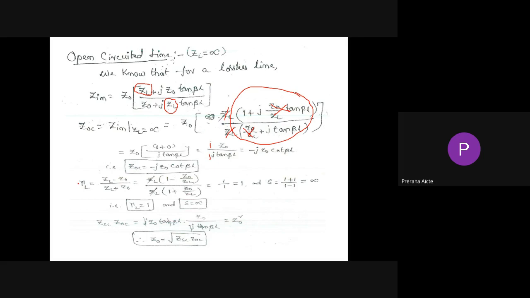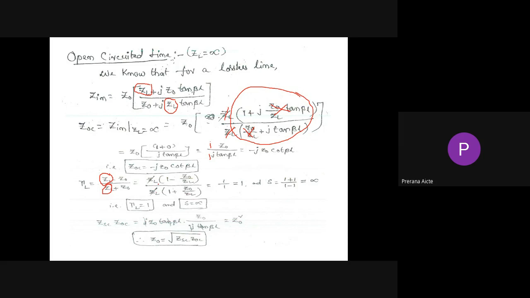So here also, first I recall the definition of the reflection coefficient: Γ_L is equal to (Z_L minus Z_0) divided by (Z_L plus Z_0). Now if I substitute Z_L equal to infinity directly, then again the same thing comes, an undefined function. Infinity by infinity is undefined. So to overcome that, first you can take Z_L common in the numerator and denominator.